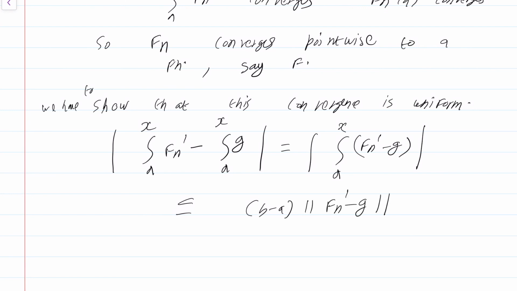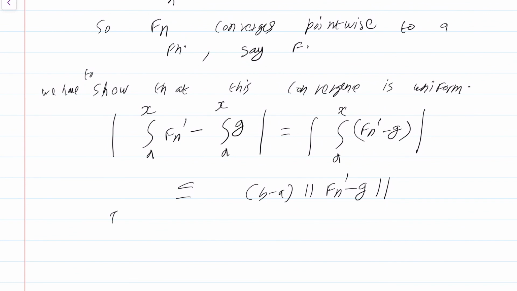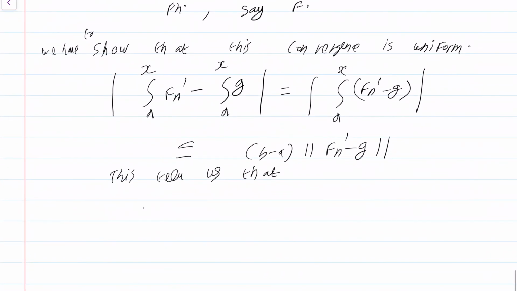Okay. So what does this tell us? Well, this tells us that the norm of f_n minus f, which is actually nothing but the supremum of mod f_n(x) minus f(x) as x ranges through the closed interval [a, b].